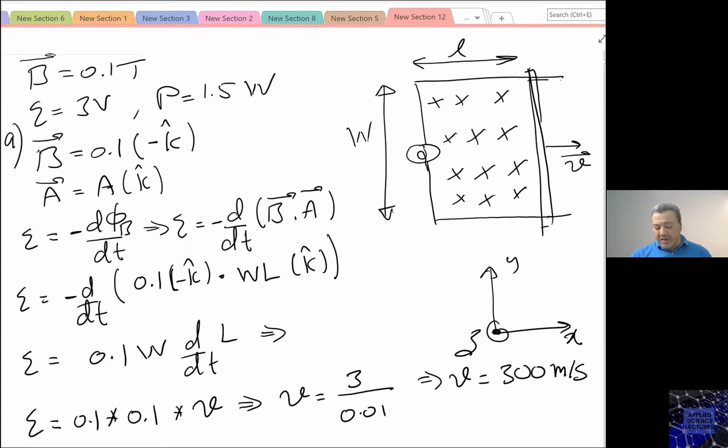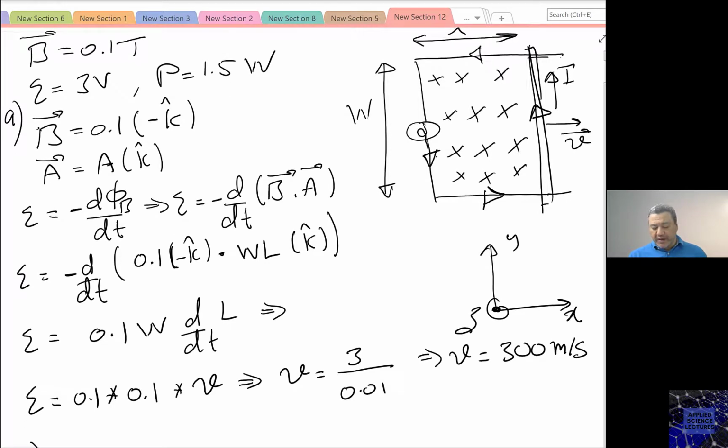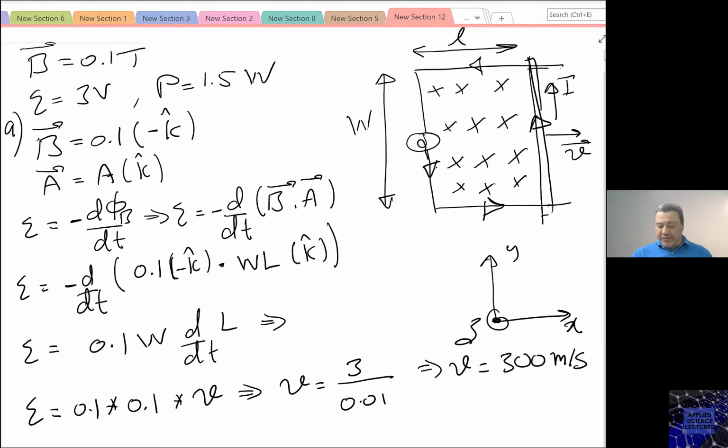In this case, I can see that the current is going counterclockwise. Applying the right hand rule, I can see that the opposing force is pointing in this direction.